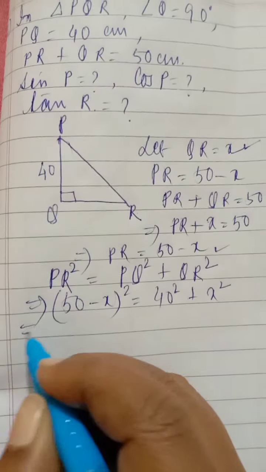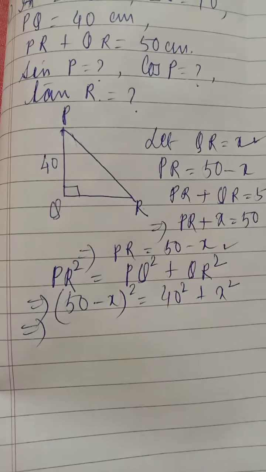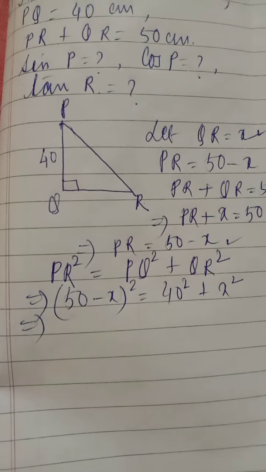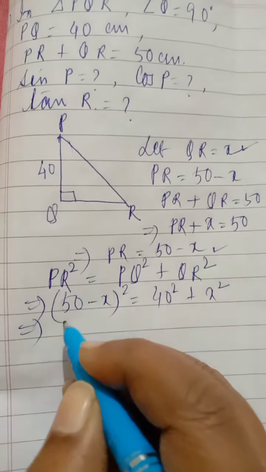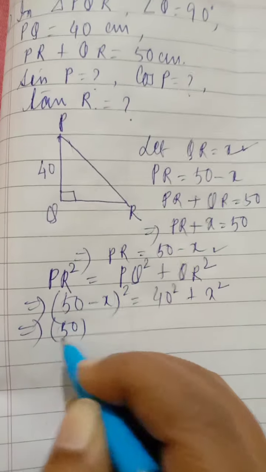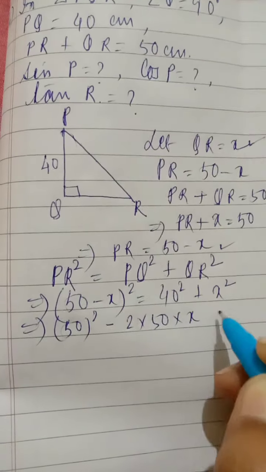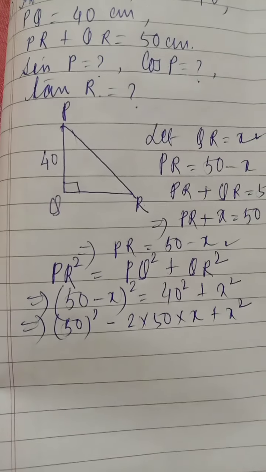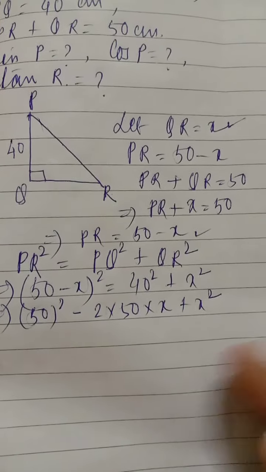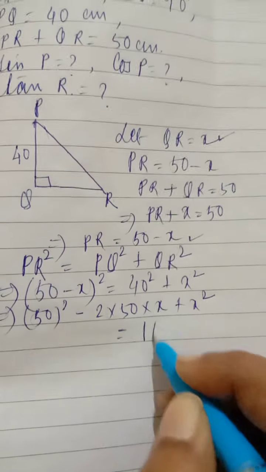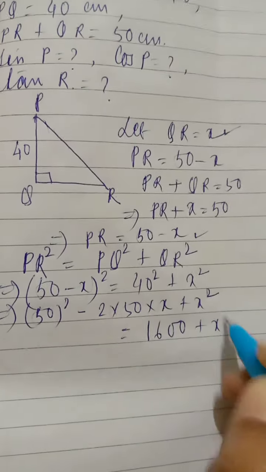Now if we simplify, 50 minus x whole square, based on the formula a minus b whole square, becomes 50 square minus 2 into 50 into x plus x square, and that will be equal to 40 square, which is 1600 plus x square.